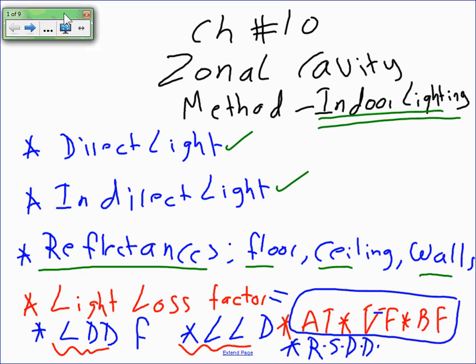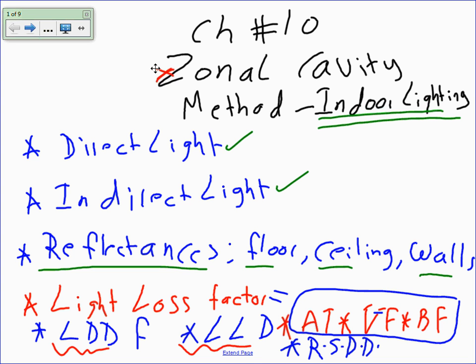A couple of things I want to remind you: when we do indoor light calculation, there's a zonal cavity ratio, they call it, that we need to go over in a second. The only thing I want to mention is, when we do light calculation, you have to take into consideration, number one, the light that comes out of the fixture.